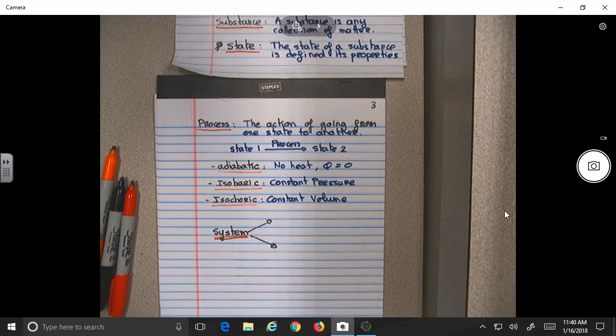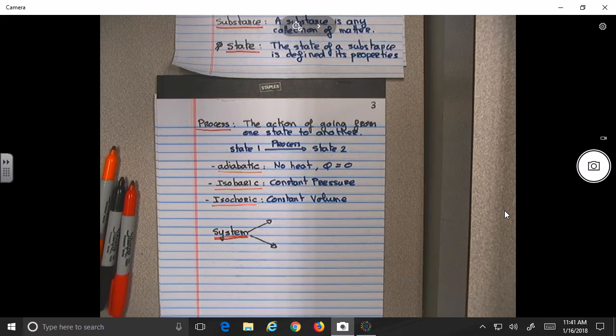For the explanation, let's say you study conduction. Conduction needs a solid medium, so your system could be your solid, with a surrounding.